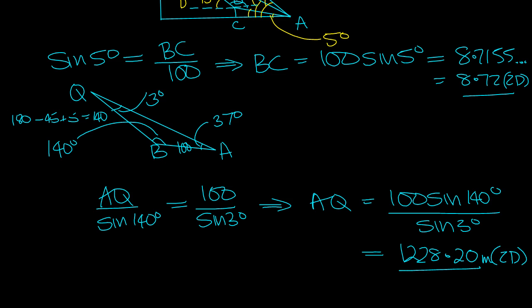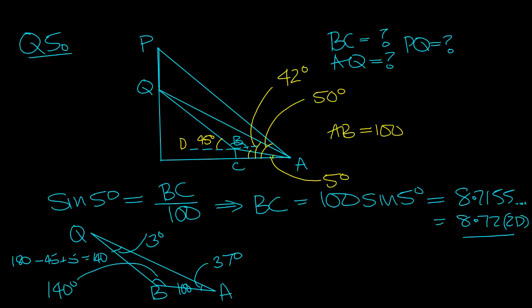Okay, there's AQ. So now the third part of the problem is PQ. So we've got this triangle here, and that distance is known.